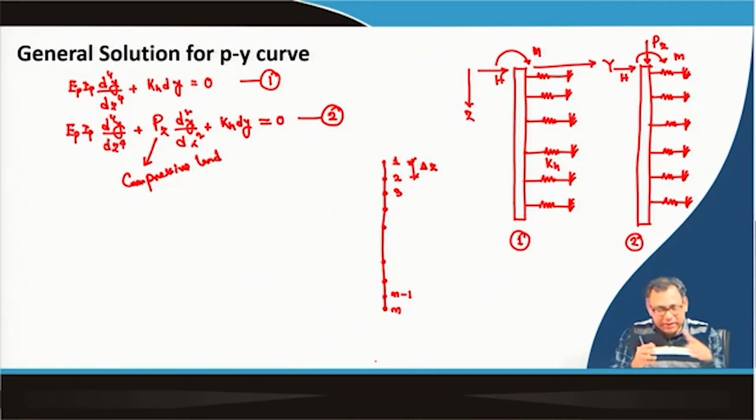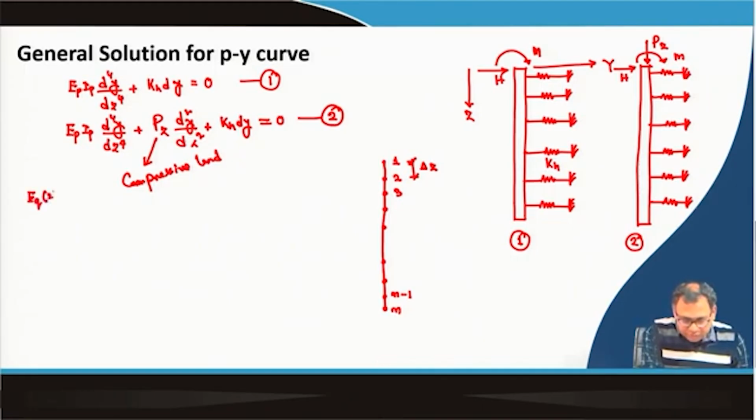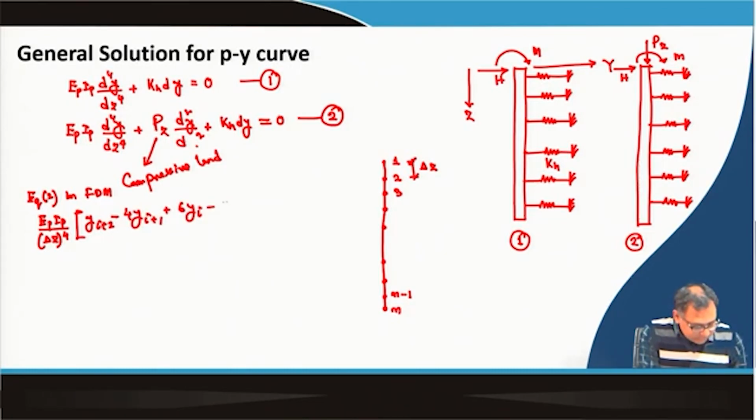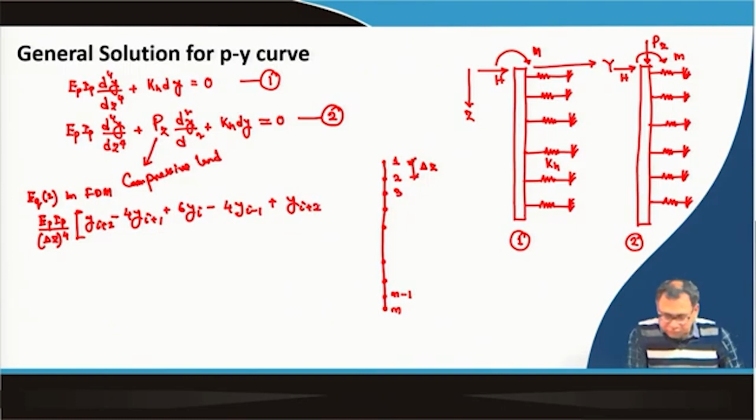Okay, and if I express this equation 2 in finite difference method, that will be E p I p divided by del z to the power 4, then y i plus 2 minus 4 y i plus 1 plus 6 y i minus 4 y i minus 1 plus y i minus 2.